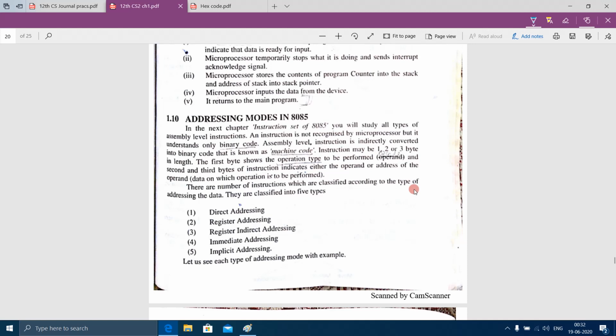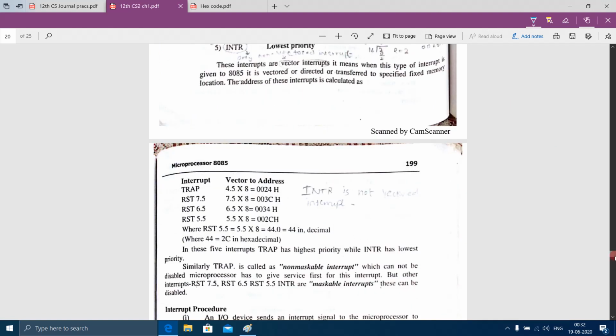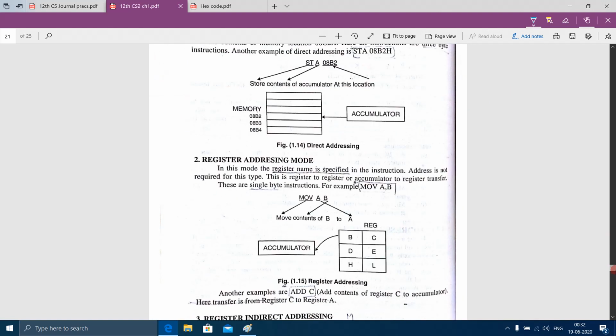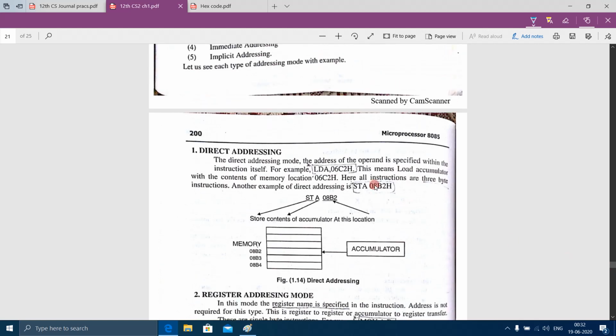For example, in direct addressing, how was the data addressed? The address of the operand is specified within the instruction itself.